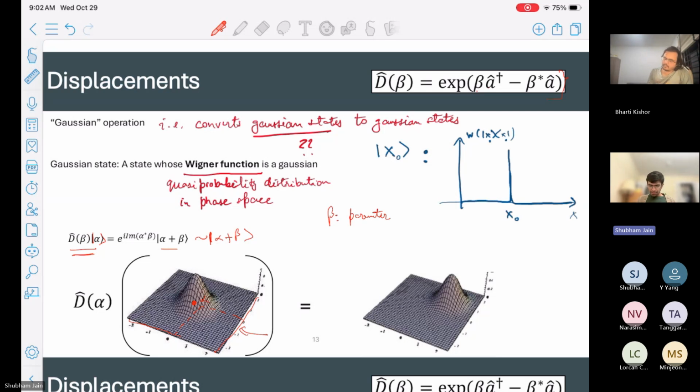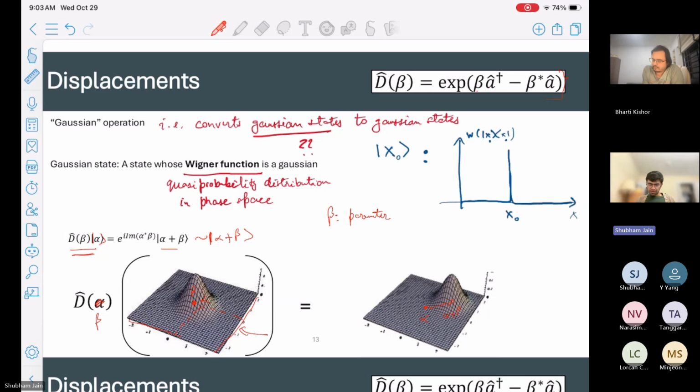Let me just say this: this is the Wigner function of an alpha coherent state. When you apply a displacement by beta, then this thing just goes from alpha to alpha plus beta. This whole Wigner function, this whole Gaussian function, is just displaced.